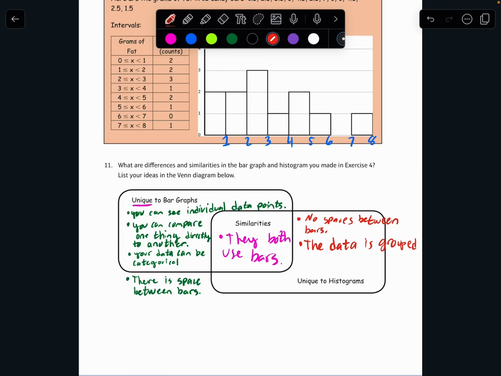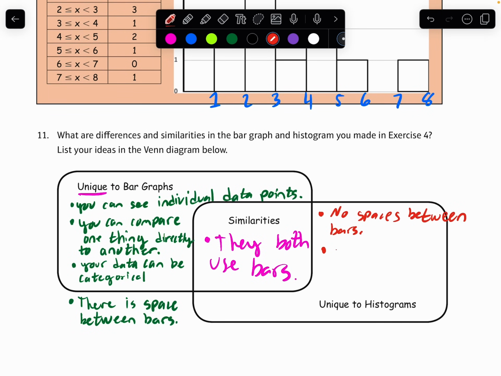Sorry, let's rewrite this to make it a little bit more manageable. So sorry, everyone, I am the worst. So you can compare one group to another. Yeah, that's worded a lot better.